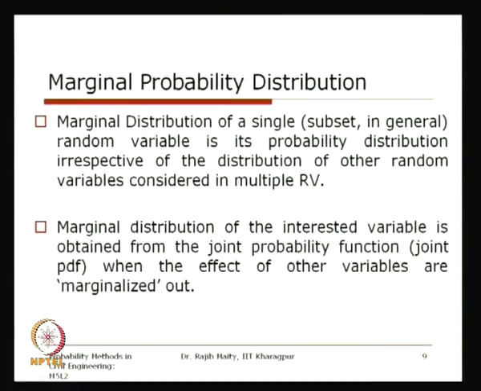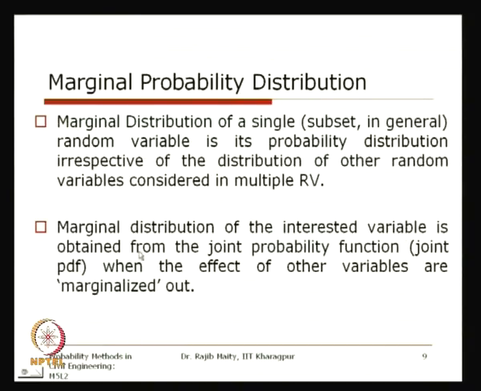So to make the statement general, the word subset is used here. Out of the n random variables, you can make a subset with respect to a single random variable, or more than one but less than the total number of random variables in that multiple random vector.